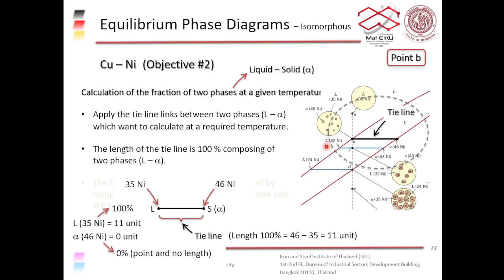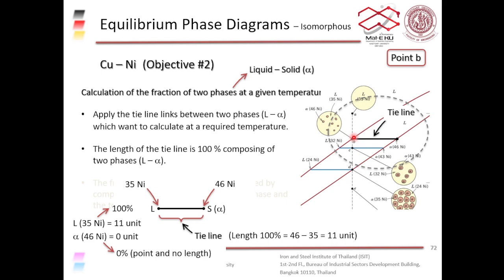Okay, so we can see that the liquid phase has about 11 units, and the solid phase has about 0 units because the point is exactly on the liquidus line, right? So now we have almost 100% liquid.